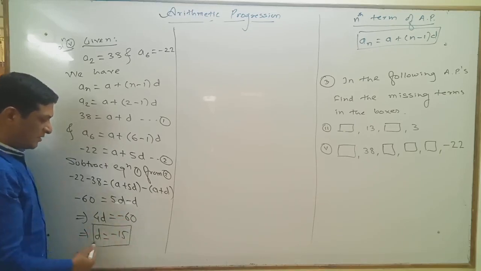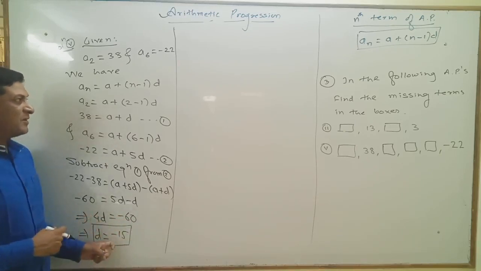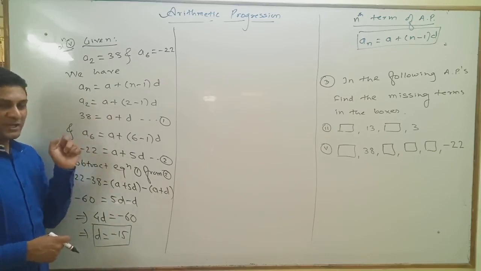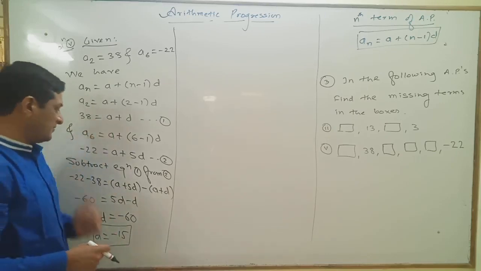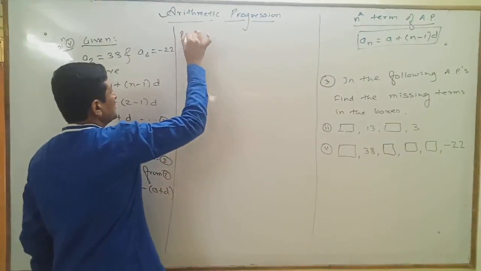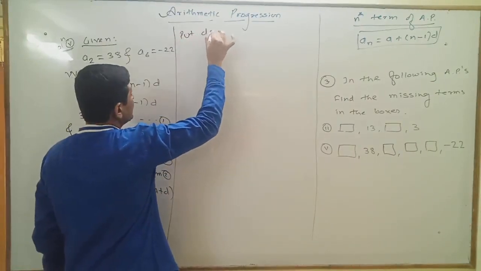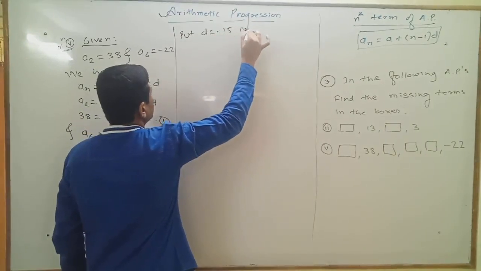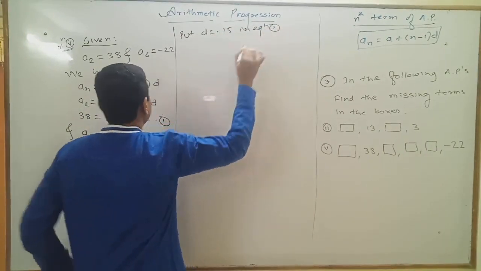Once the value of D is known to us, substitute this value of D either in equation number first or in equation number second to find the value of A. We are substituting this value in equation number first. So put D equal to minus 15 in equation first. Let us see what we will get here.